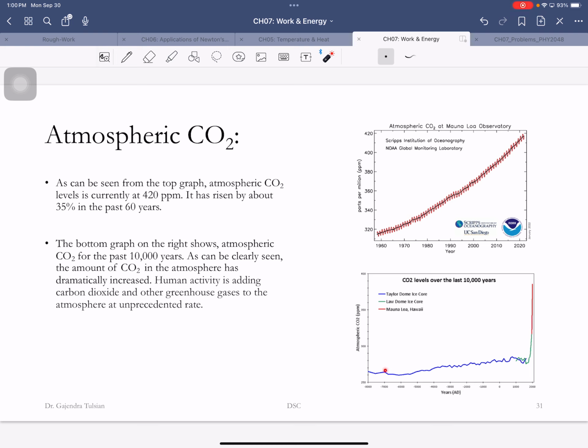So the CO2 levels have been roughly about, this is 280 parts per million, okay? So for the past 10,000 years, CO2 levels have been 280 parts per million, and then they've shot up in the last 40, 50 years. There were no cars 2,000 years ago. There was no one trying to change the atmosphere 10,000 years ago.